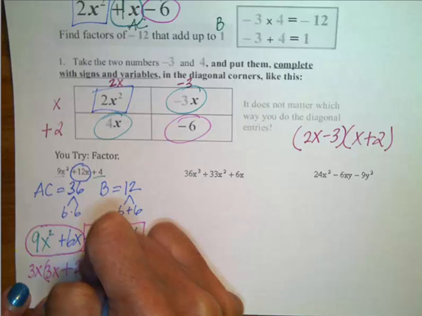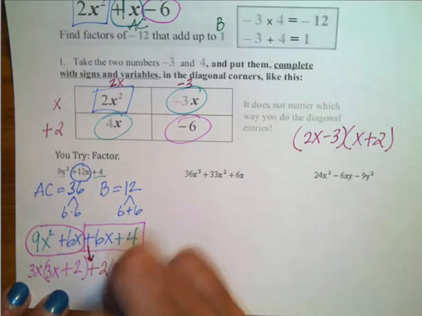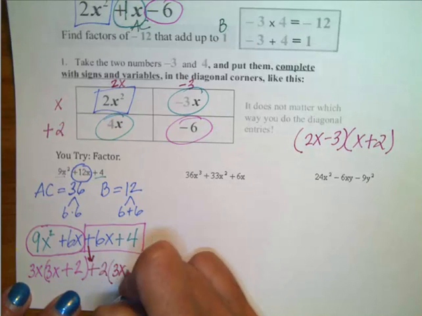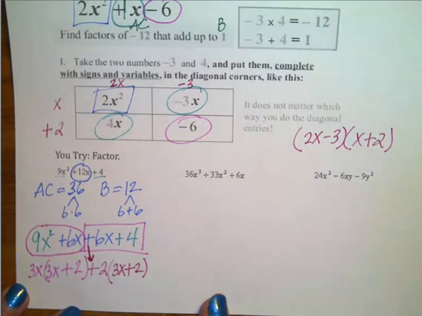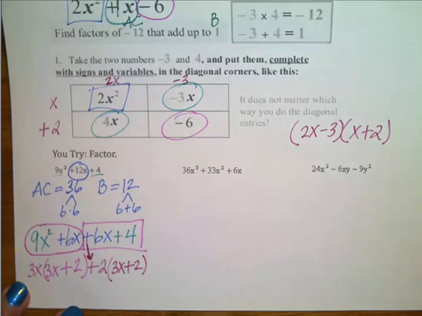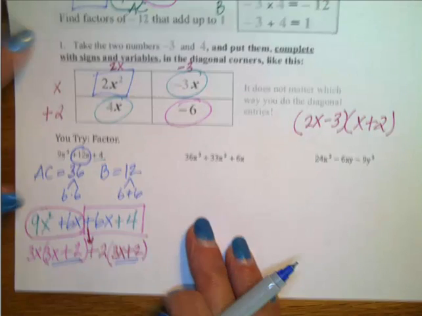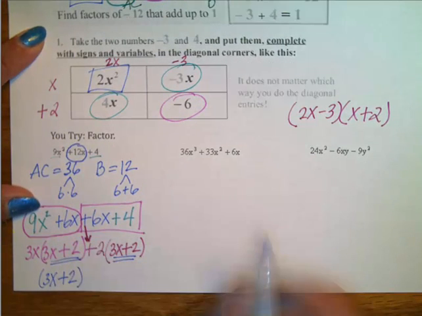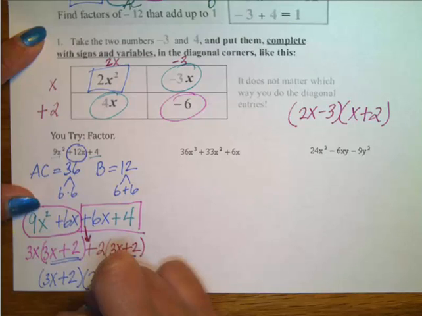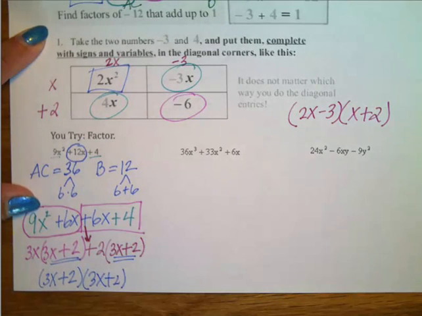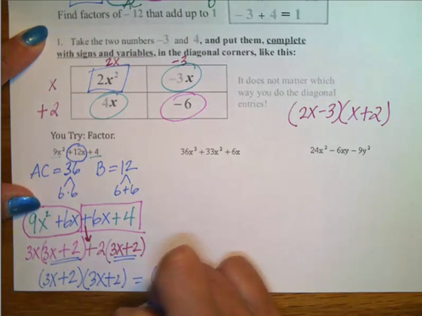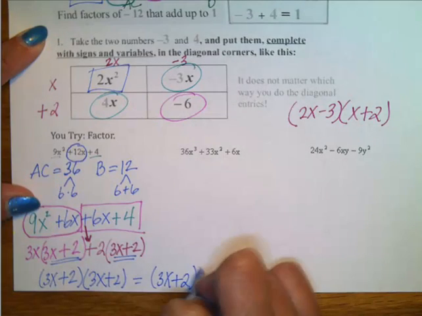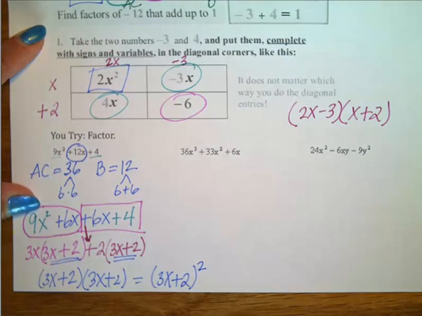This sign always matches. When I take out the 2, I get 3x plus 2. If these do not match, something is very, very wrong. So now I have the common factor of 3x plus 2, and I have the new factor of 3x plus 2. I could also write that as 3x plus 2 squared. Cool.